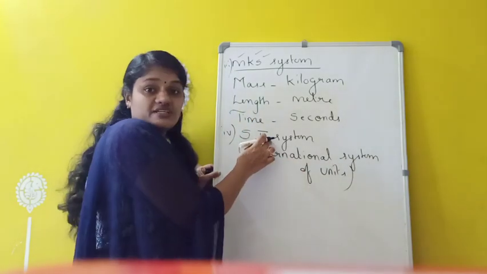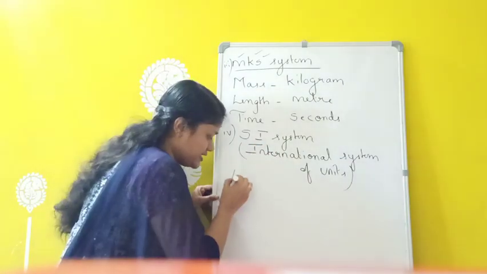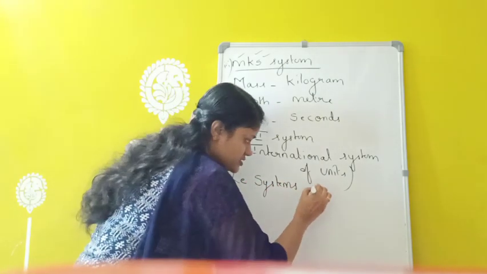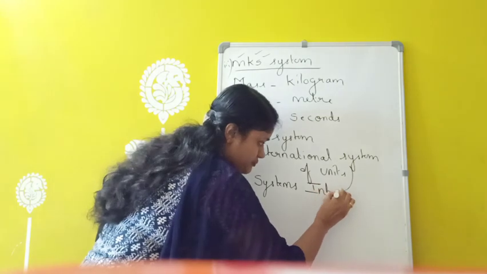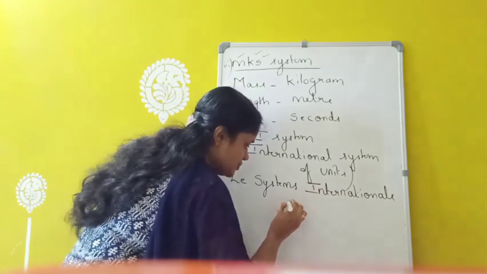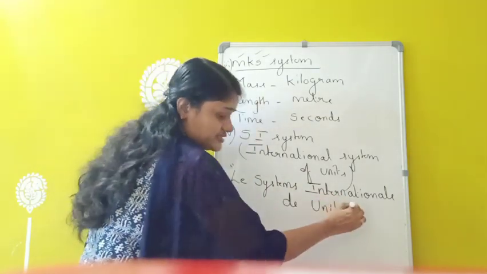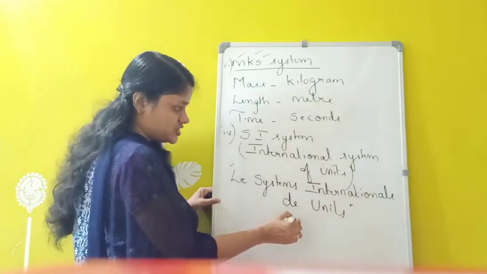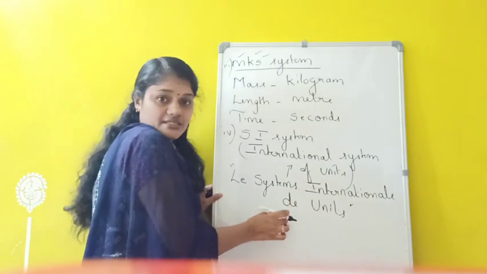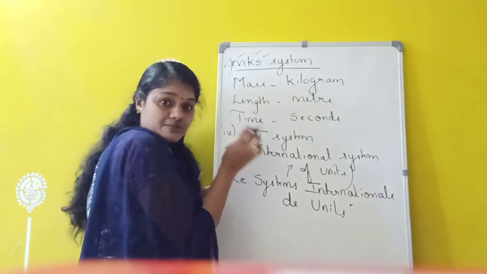And this is the universally accepted system. Clear? And there is another name also, Le Système International d'Unités. This is actually a French word only. So this is the French equivalent of International System of Units, and this one is the universally accepted system.